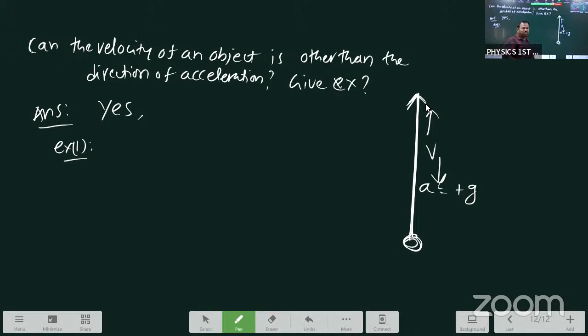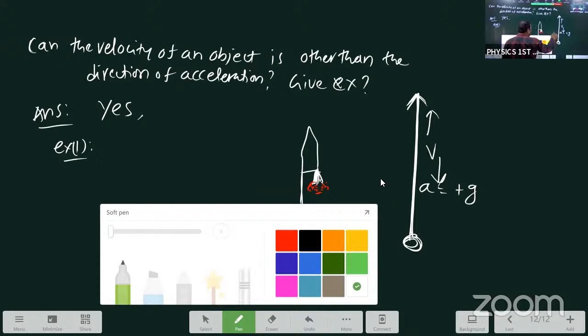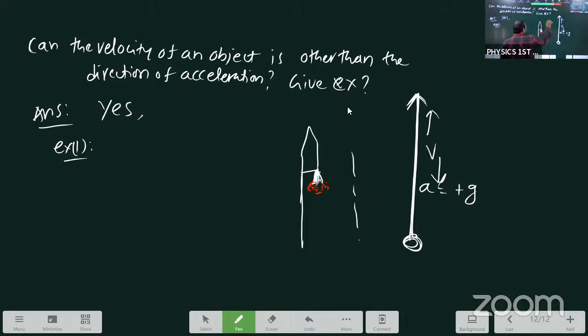For example, take a Diwali rocket. Here we are keeping fire, then this Diwali rocket goes upwards, upwards, upwards. After a few minutes, again it comes down after the explosion.